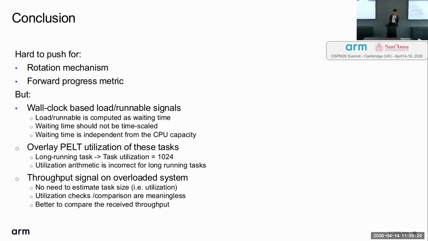And the last thing: right now we have the PELT utilization, which aims to estimate the size of a task. But on an overloaded system, estimating the size of a task is not really useful anymore. What we should maybe use is this throughput signal, which shows more what each task is actually receiving.